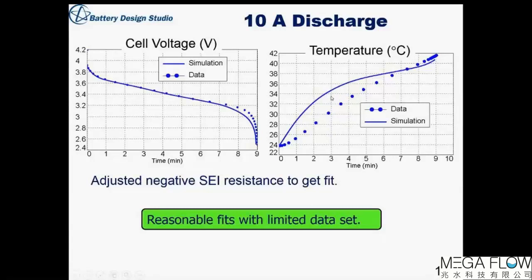And that could be because in the simulation, we represent the battery as a lumped model. So we take the average temperature of the whole battery, whereas experimentally, we're just measuring the can temperature. So there could be some gradient between the jelly roll and the can that accounts for that difference there. But overall, it's a very reasonable fit with this limited data set.